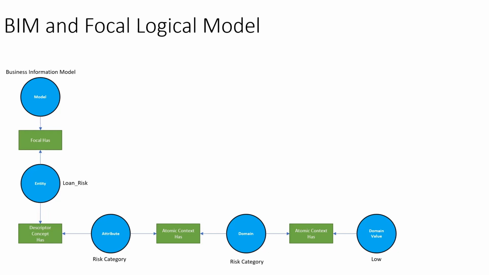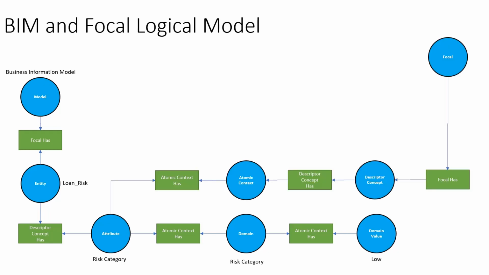If we now do a focal logical model that is based on the BIM model and the example of risk category, we can see that we have designated the risk category attribute to the descriptor concept classification, or CL in short.